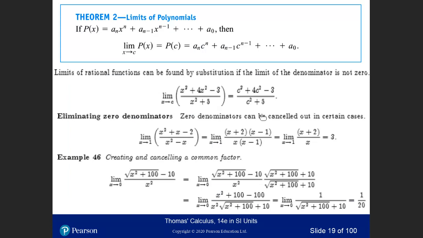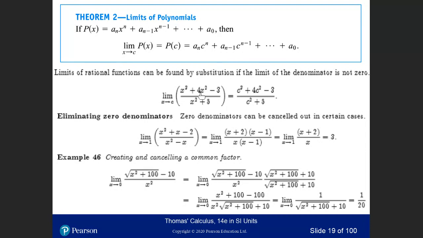Okay, limits of polynomials. Here you can just directly substitute: the limit of p of x as x approaches c is p of c. Instead of x, you just substitute. So there is no problem here, and you can find it immediately.